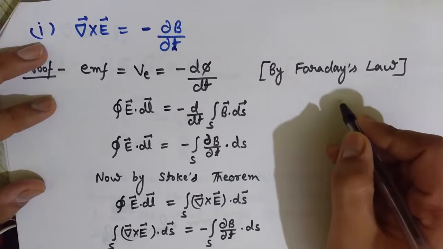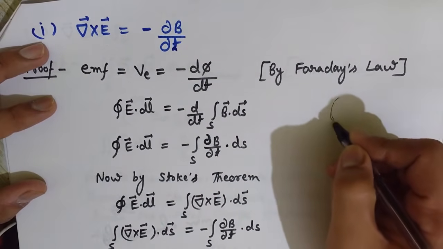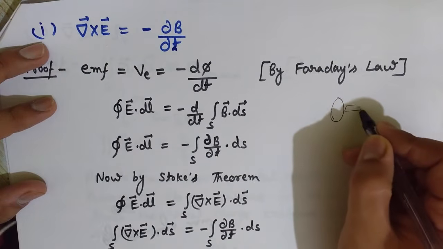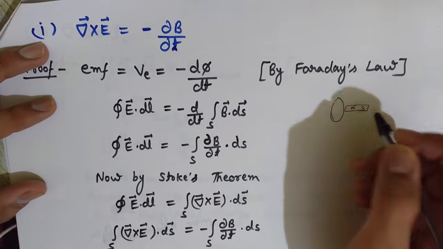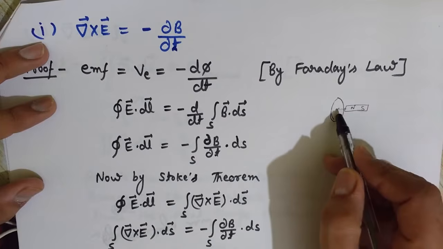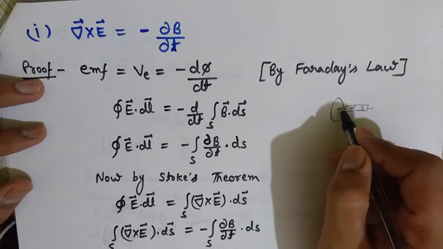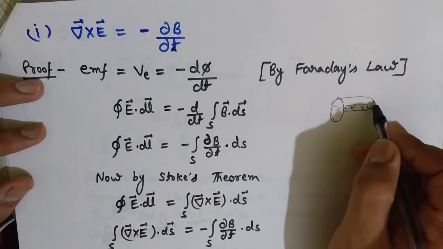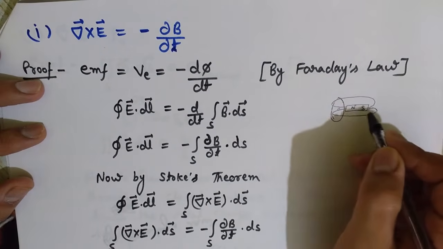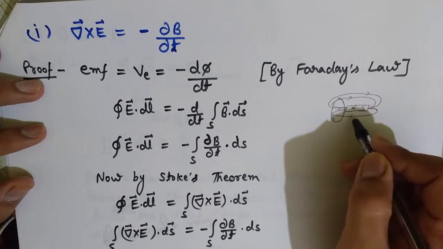Let's say we have a loop and a bar magnet, and if I move this bar magnet inside and outwards of it, since we know it has magnetic lines of force, and these magnetic lines of force emit from the north pole and enter into the south pole.